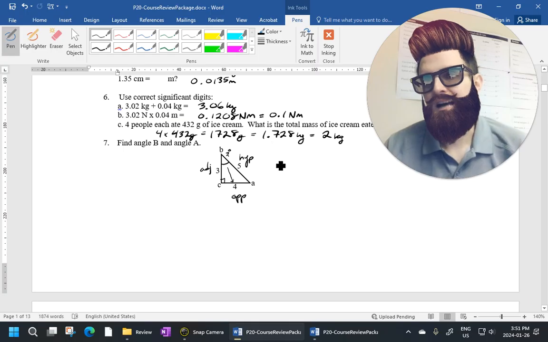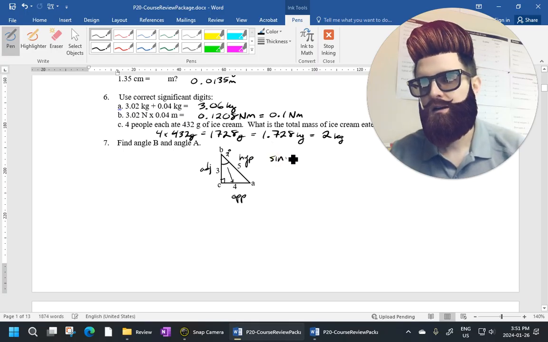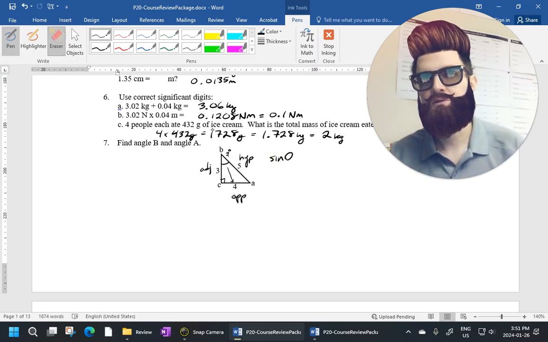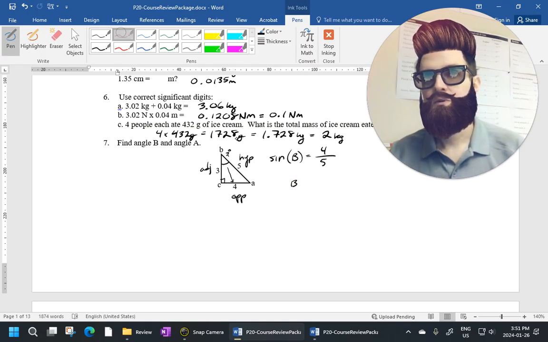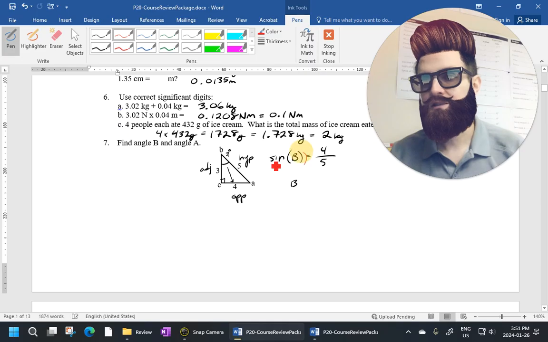I'm just going to pick sine. Why not? Sine B. Since we're trying to find B, I'll just put a B there rather than theta. So sine B is equal to 4 on the opposite side over 5 on the hypotenuse. To get the B by itself, we have to move that sine over to the other side, like rearranging an equation.